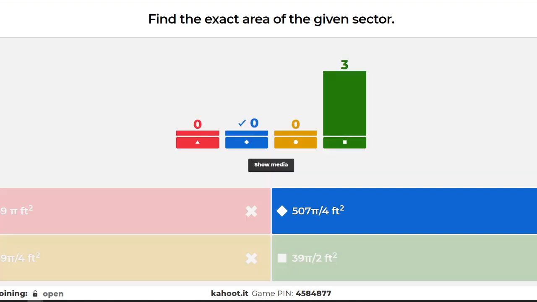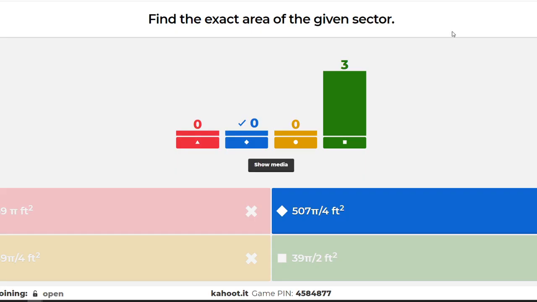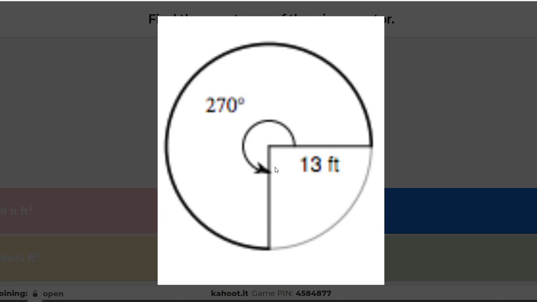Ooh. Why did 3 people put the green? Let's see. So maybe you used the wrong formula. This is sector area. Okay, so sector area. I know I'm going to want to divide by 360 automatically. As Jeanette has told us 3 times today, I know we need to square the radius, so that's 169 pi.